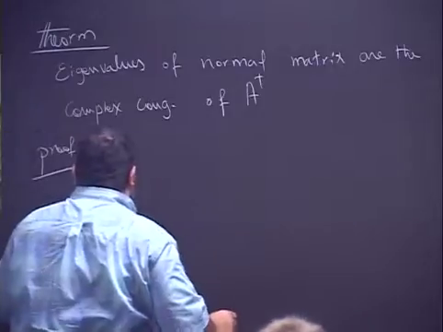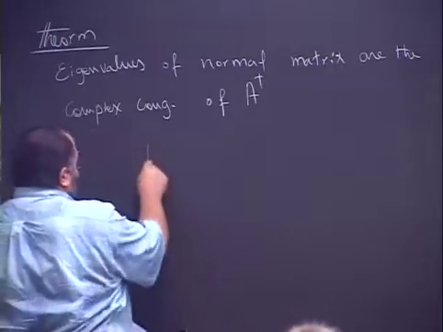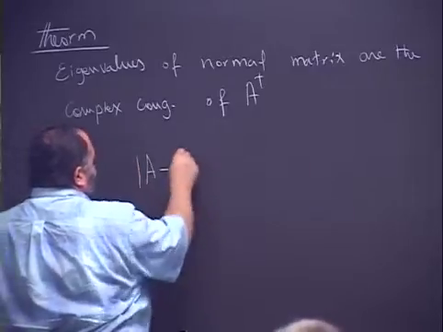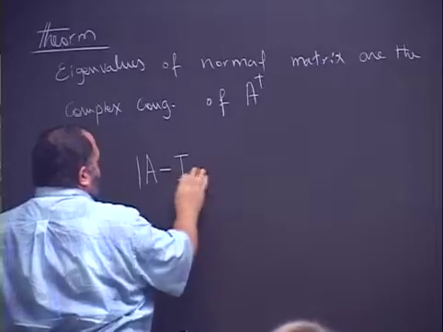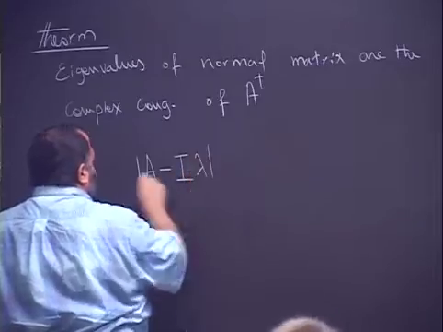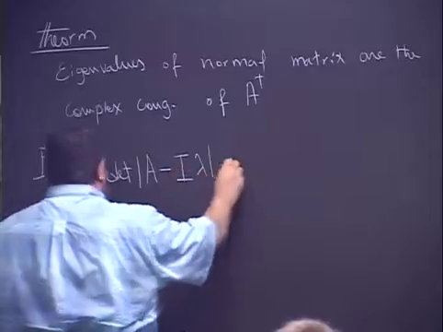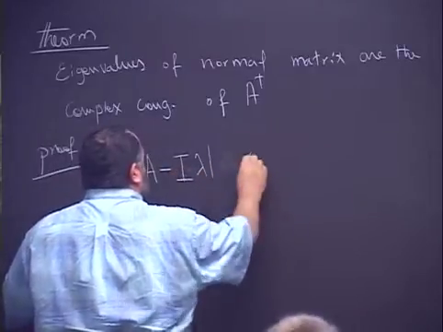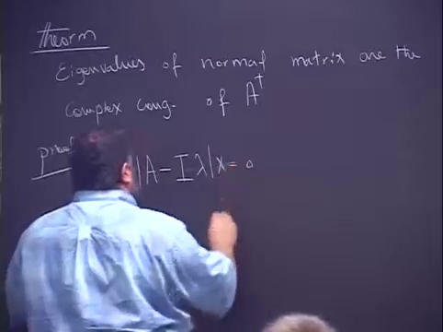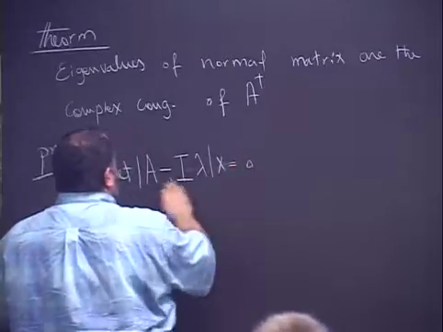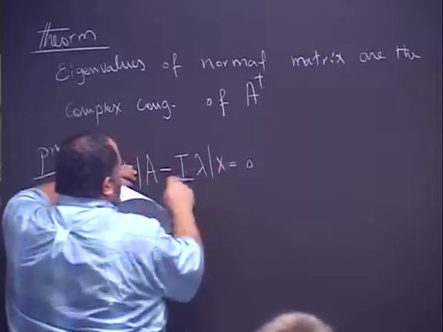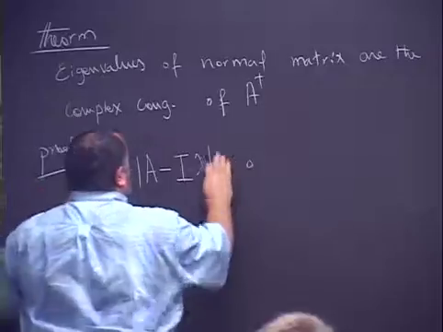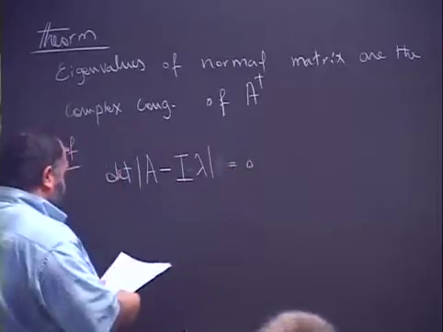In order to prove this, let's assume that we have the characteristic equation for the matrix A, which is the determinant of A minus lambda I equal to 0. The characteristic equation is just this one.